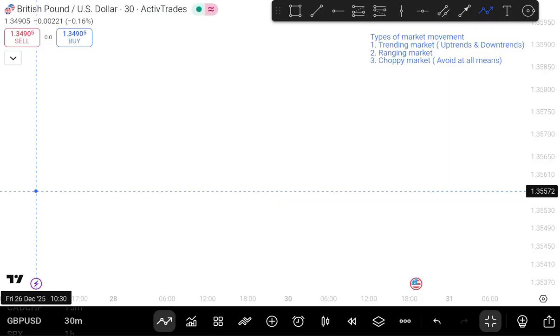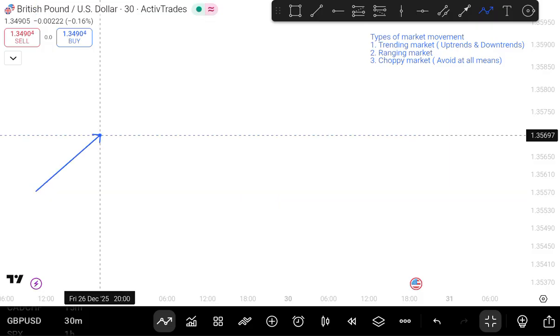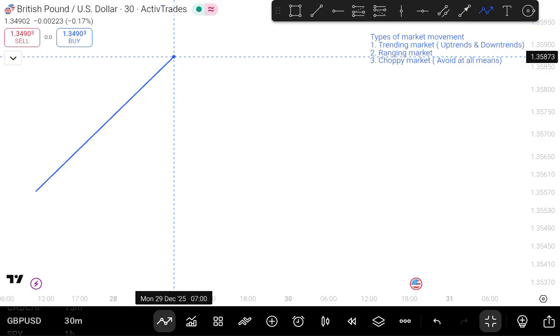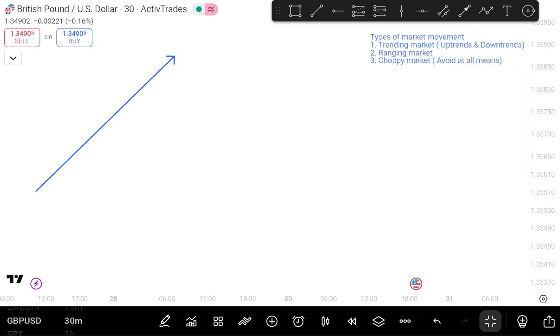You have to know that the market will never move in a straight line. The market moves in a way that it will go in a direction, it will retrace, it will correct and go back, it will retrace, correct, and go back to the actual direction. You need to know that.